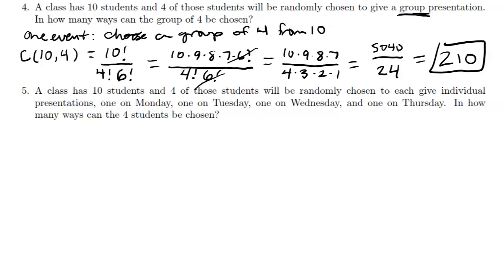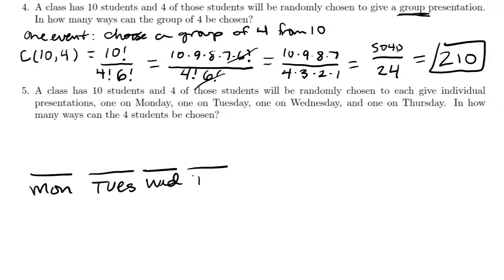Those are different things. So even though it's the same people, the order that we choose them in matters because they're being assigned to different things. So we actually do have 4 events here. We've got Monday, Tuesday, Wednesday, and Thursday.